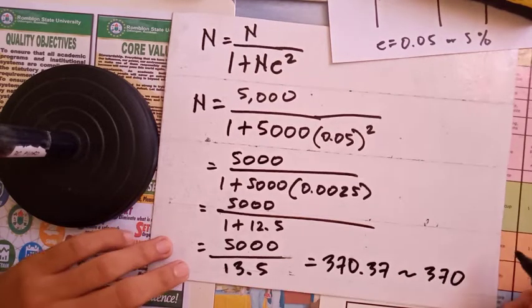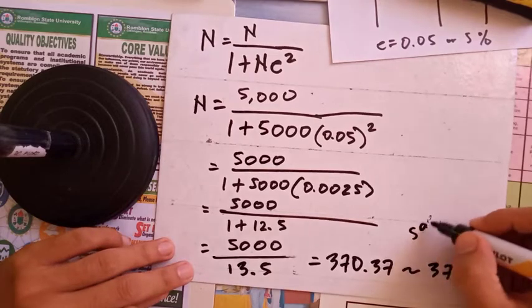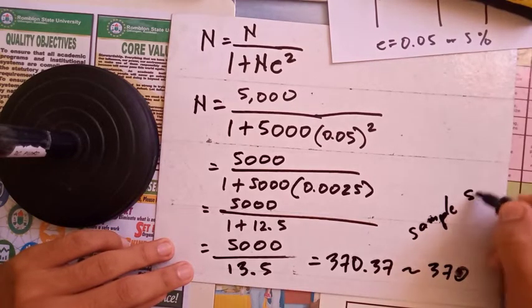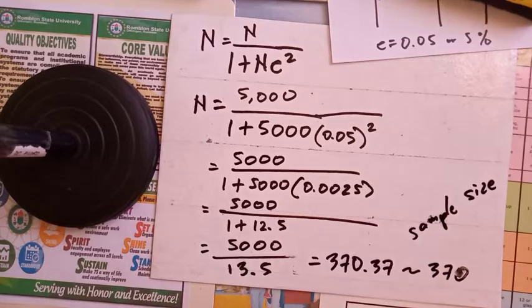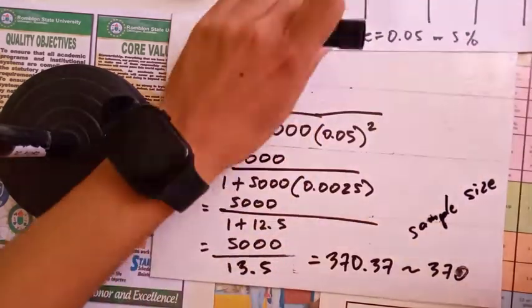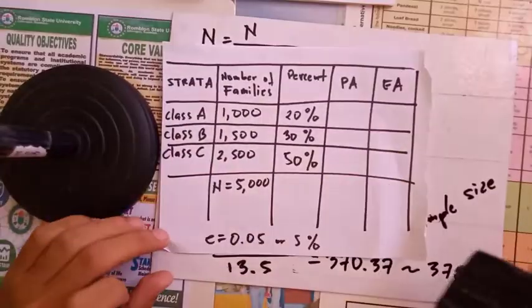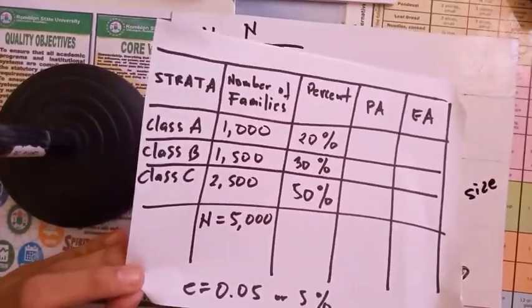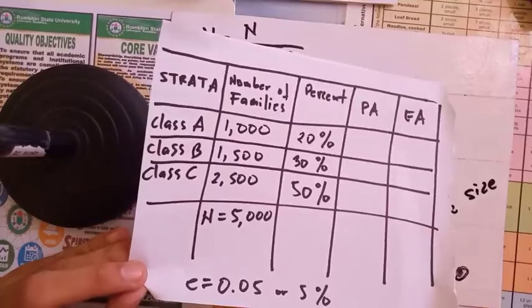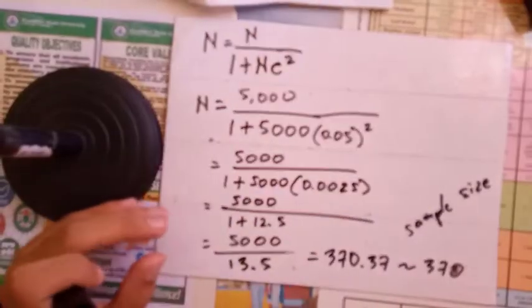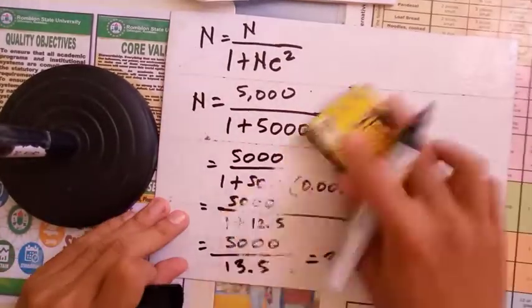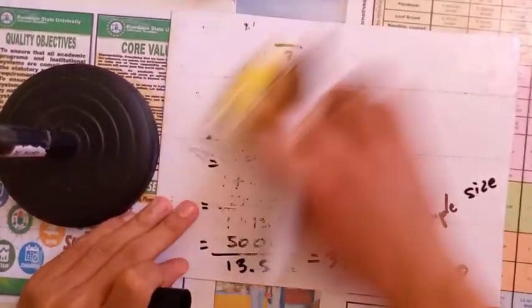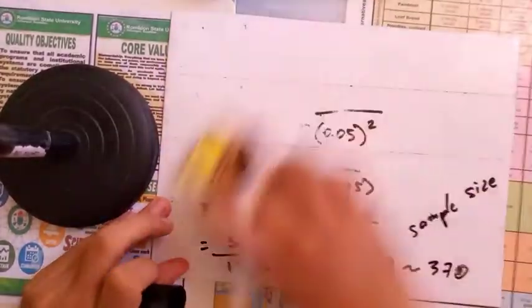So 370 would be the sample size for our example. So 370 ang ating sample size. Erase muna natin yung ating sample size. So meron na tayong 370 doon.